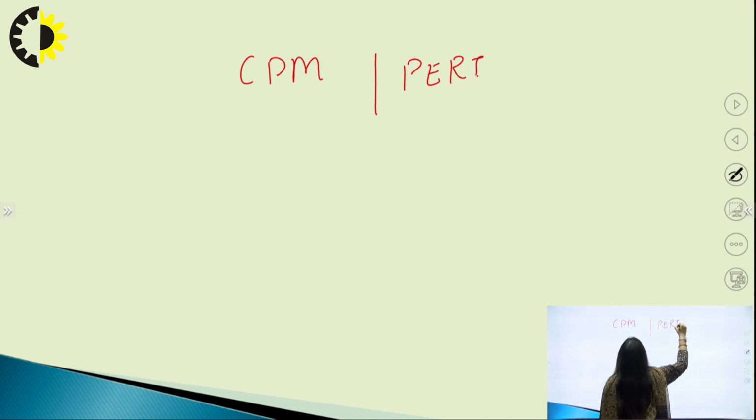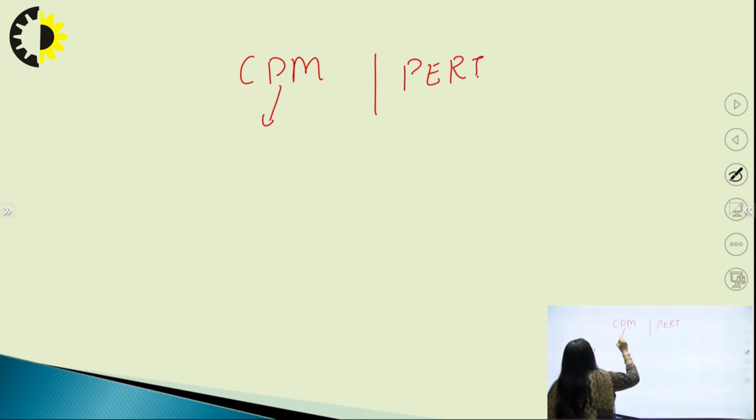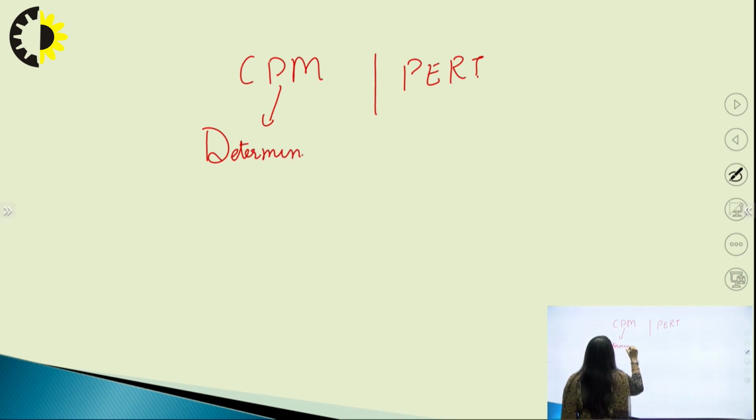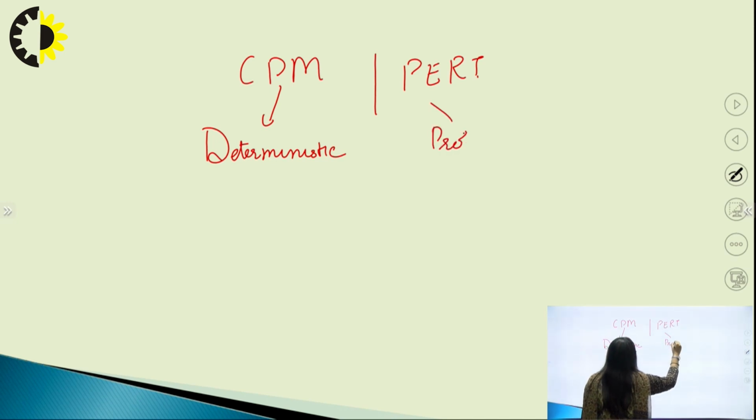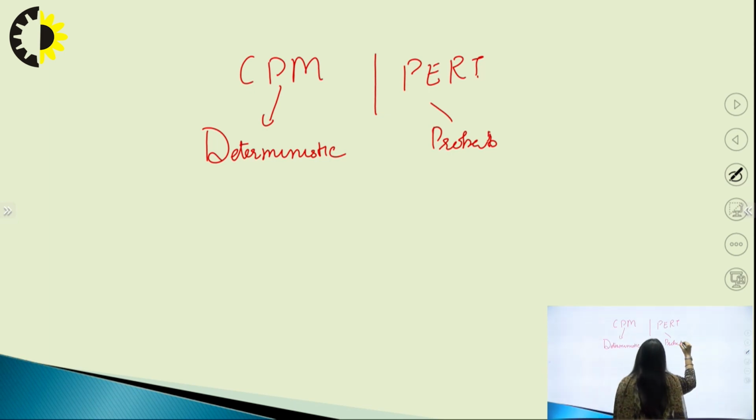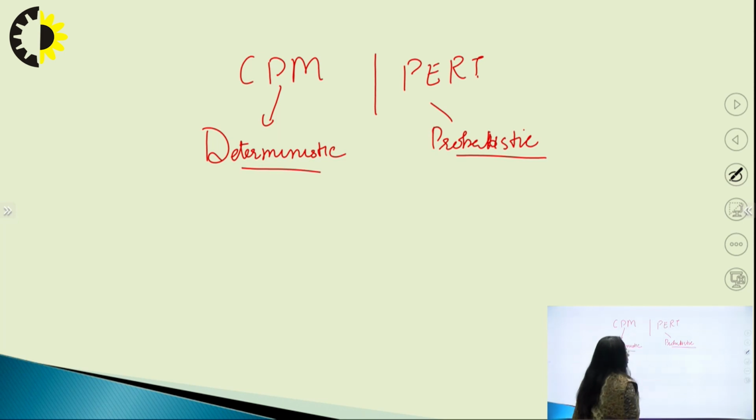As I told you, CPM is the critical path method. It is a deterministic model, and PERT is a probabilistic model. Deterministic and probabilistic.